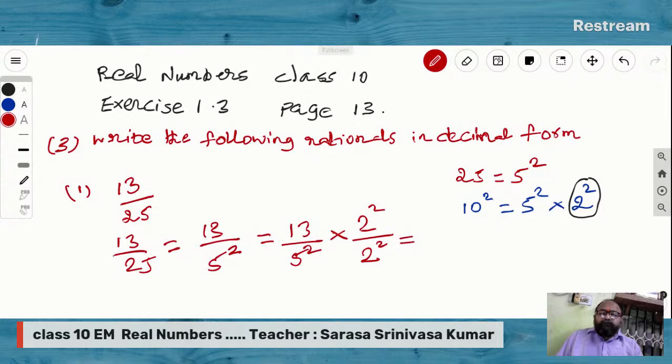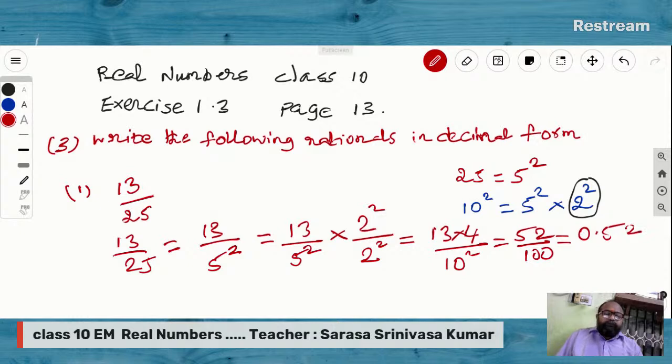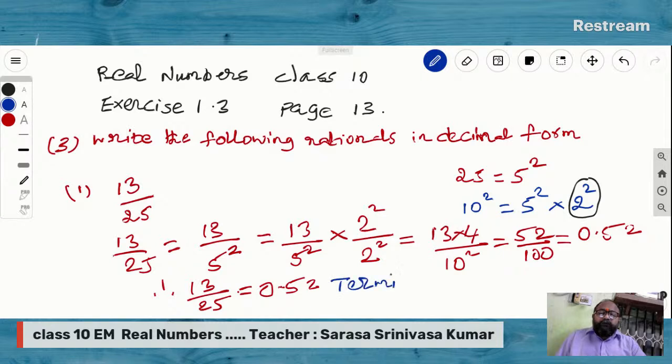This is equal to 13 multiplied by 4 by 10 square, equals 52 by 100, equals 0.52. Therefore, 13 by 25 equals 0.52. It is a terminating decimal.